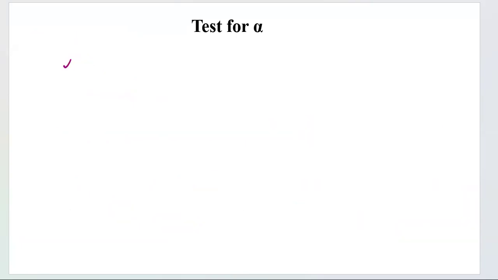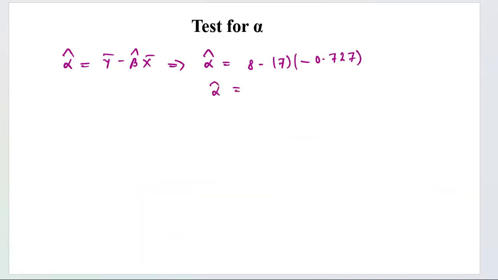Now find out what alpha cap will be. Alpha cap is y bar minus beta cap x bar. You have got all the values with you. This is 8 minus 7 times 0.727, so alpha cap will come out to be 13.08.